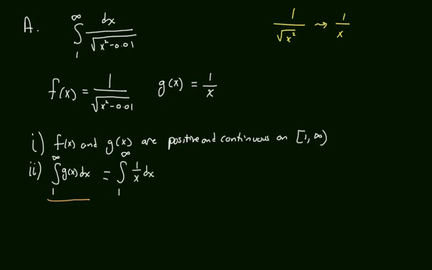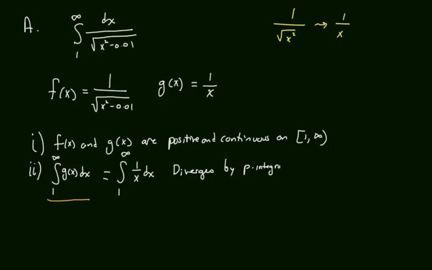Now, what say you of this? This integral from 1 to infinity of 1 over x dx, we're supposed to know whether this converges or diverges. What do you think it does? Hopefully, based on the other parts of this lesson, you would say that this diverges. And then we need a reason by p integral.